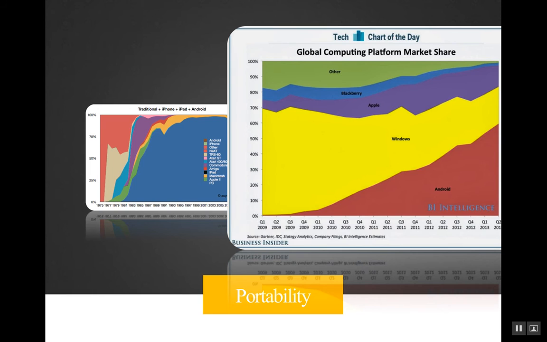So it made sense for them to develop an operating system, Android, and give it away, versus Apple, which sells the hardware and the software together in one integrated platform. So this is how things are shaping today. We'll see how these things continue to shift as we move forward.